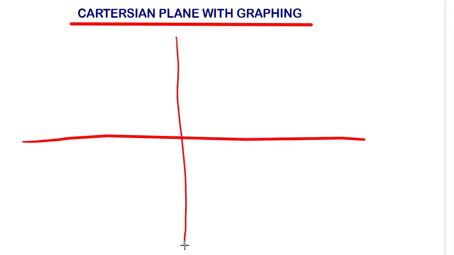So here, let's remember a bit. This part is the positive x-axis, and this is the positive y-axis. And this side is the negative x-axis, and this side is the negative y-axis.